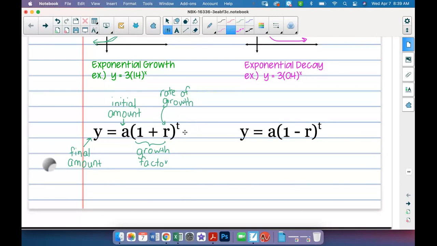And then you could probably guess what the t stands for, right? t stands for time. Oh, and one more thing about the rate of growth. This will always be in decimal form. So right here in parentheses, I'm going to write decimal.